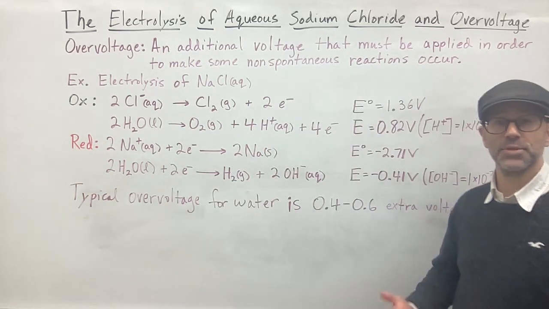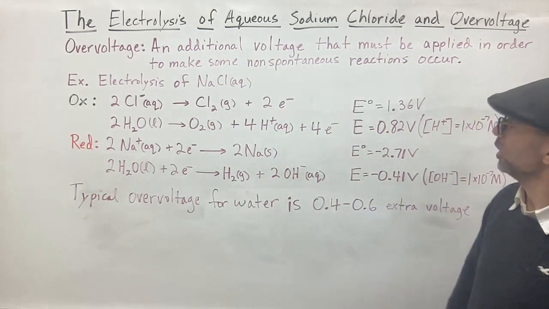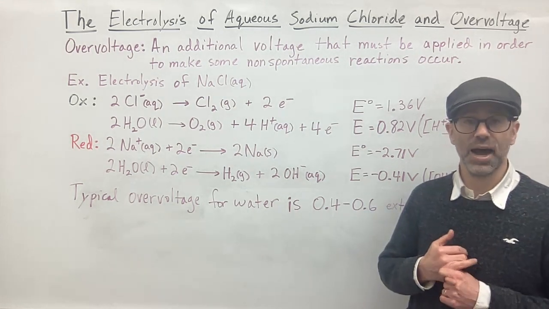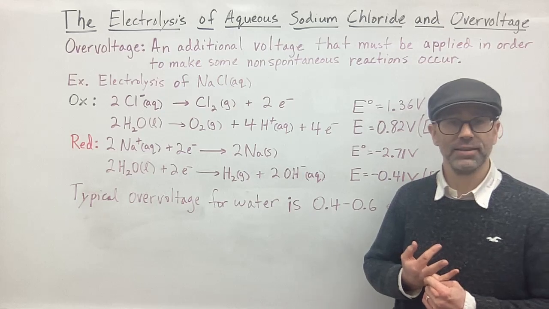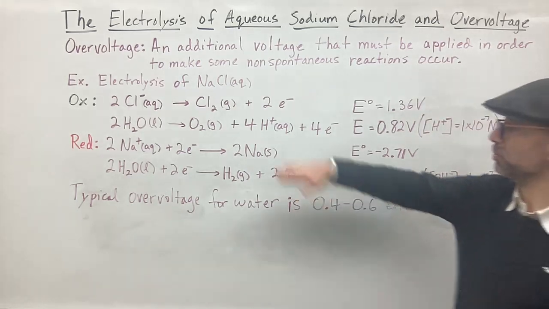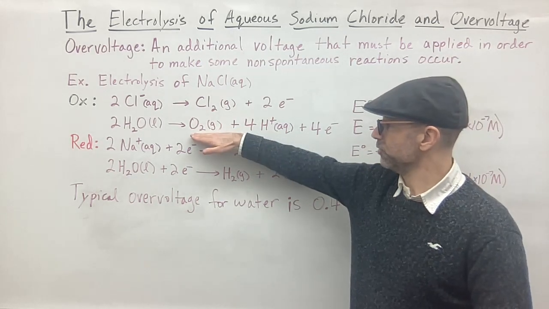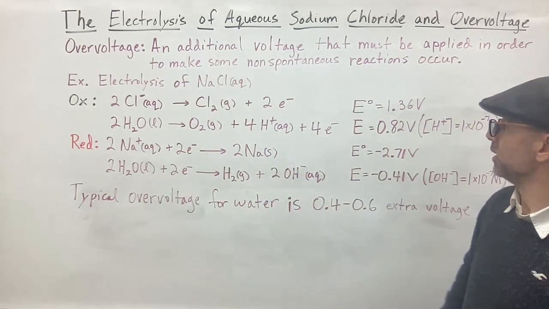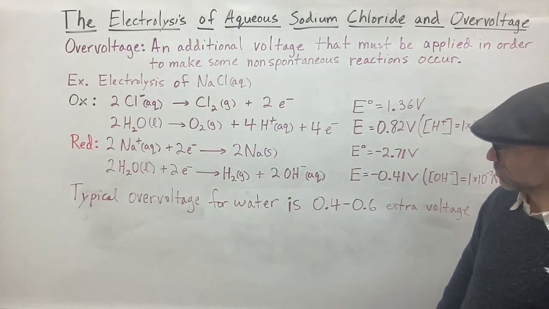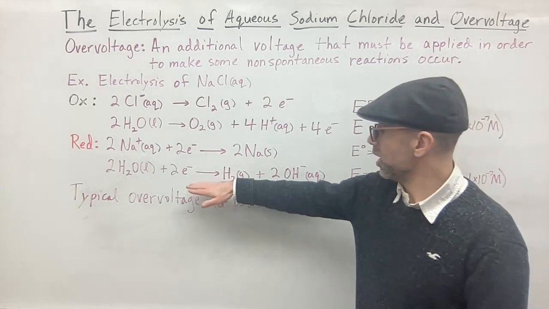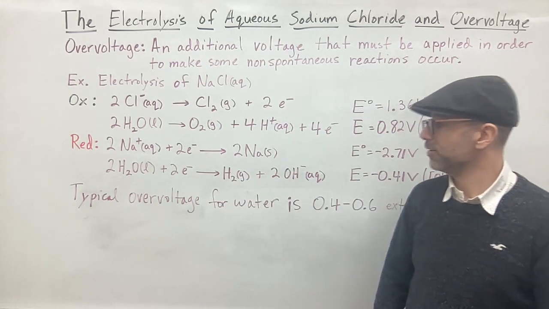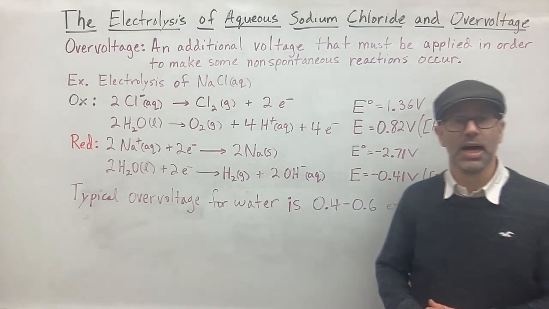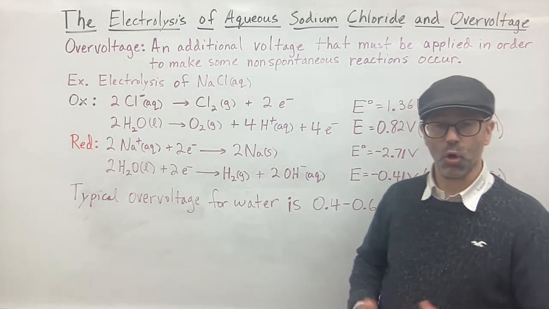So at first look, you would expect water to be oxidized at the anode and water to be reduced at the cathode. At the anode you would be producing oxygen gas, and at the cathode you'd be producing hydrogen gas. However, there is an overvoltage.